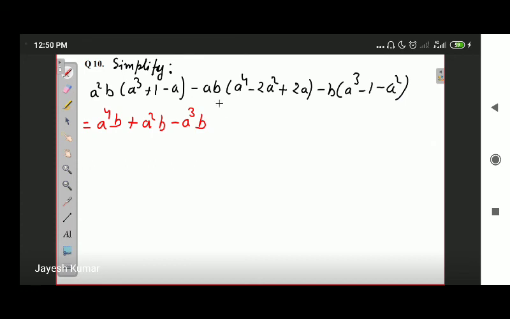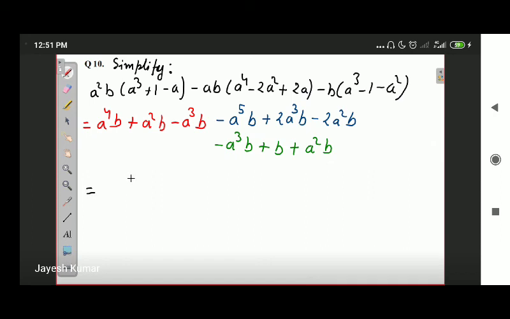After that minus ab into a to the power 4, it will be minus a to the power 5b, minus ab into minus 2a square, it will be plus 2a cube b, and minus ab into 2a, this will be minus 2a square b. And lastly, minus b into a cube, it will be minus a cube b, minus b into minus 1, that is plus b, and minus b into minus a square, that will be minus a square b.